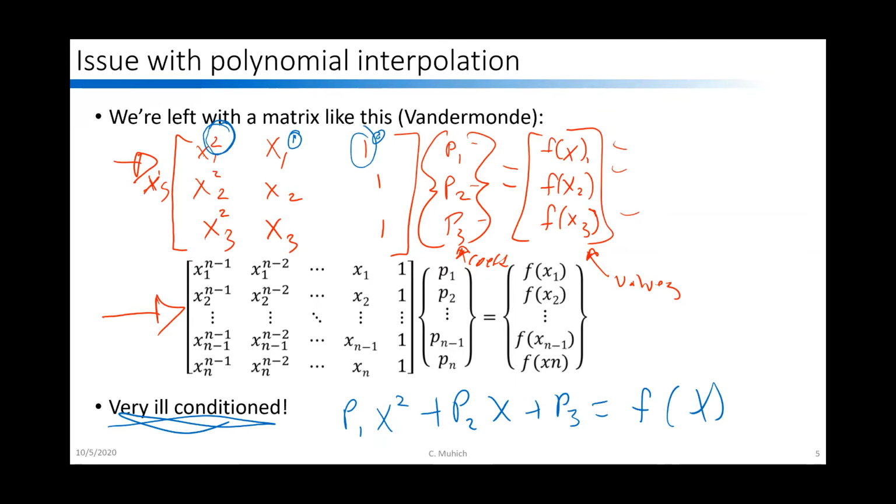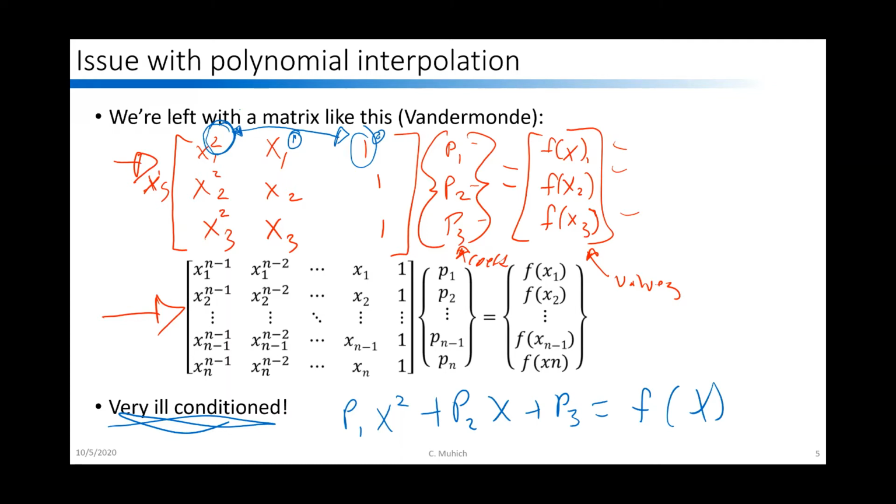So this squared term can get gigantic if x is a big number, or it can get tiny if x is a very small number, right? So this means this difference in exponent can lead to large errors, very ill-conditioned matrices, and therefore large errors associated with the numeric methods.